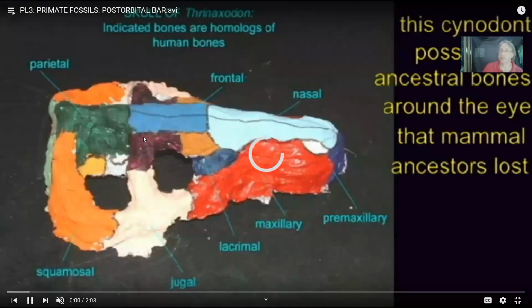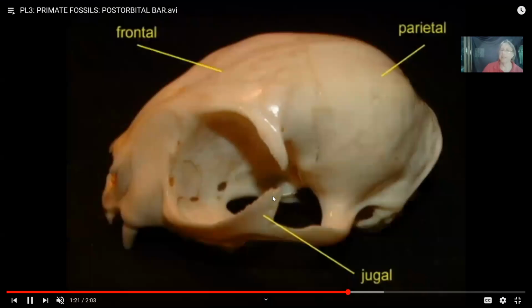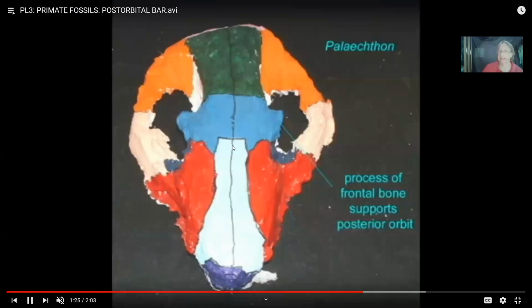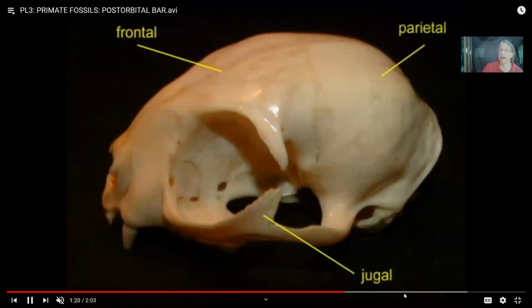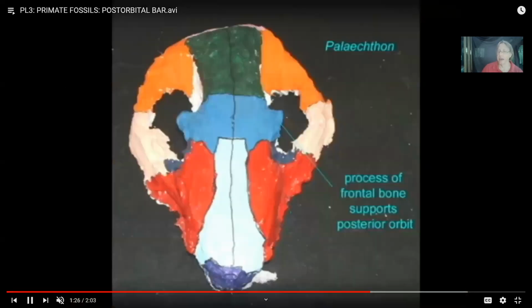The ancestors of mammals had bone completely encircling the eye, but the first mammals lost this. Now, some mammals have begun to develop more and more support. So if you notice in that cat, the cheekbone, the zygomatic bone, it is approaching a process of the frontal bone so that the eye now is mostly surrounded with bone.